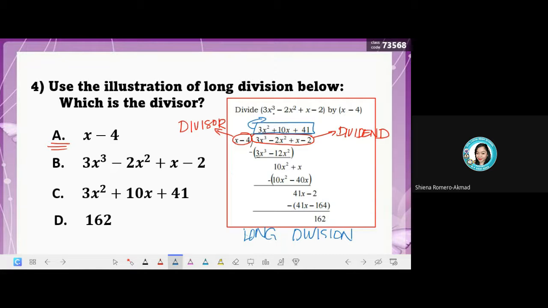Tama, Tuldak. The answer is quotient. Naku, pang grade 4 na tanong nakakalimutan na. Ang tawag natin dyan ay quotient. Kasi division. So, the answer in dividing polynomials or numbers is quotient. Correct.